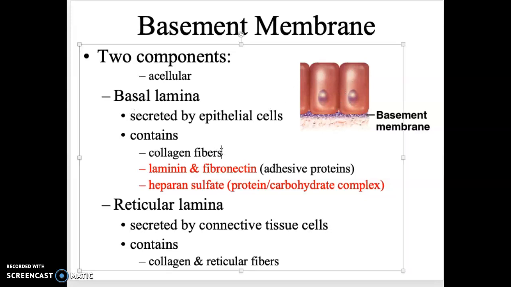This contains collagen fibers that give flexibility and strength. The bottom layer is the reticular lamina, and this gets secreted by the connective tissue on the bottom, and this also has collagen fibers for flexibility and strength, and then reticular fibers for more skeleton-like structure.